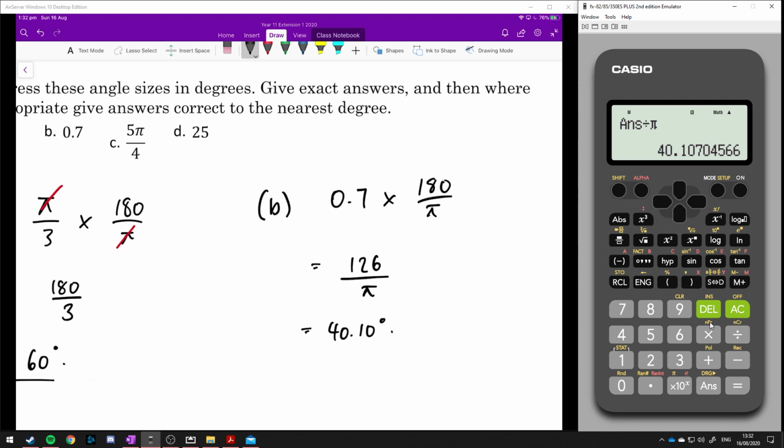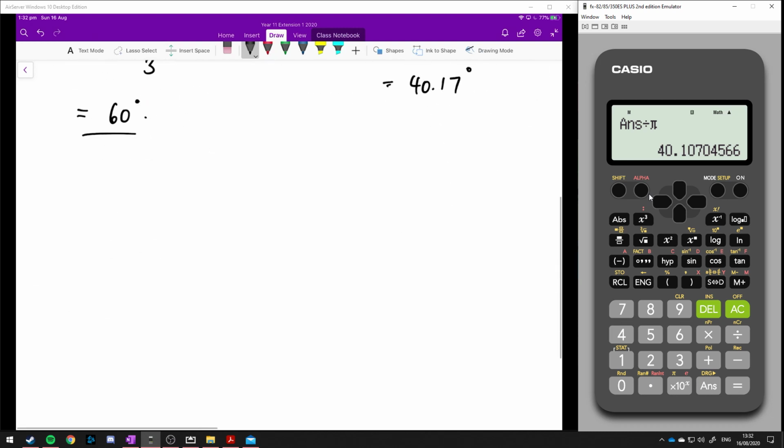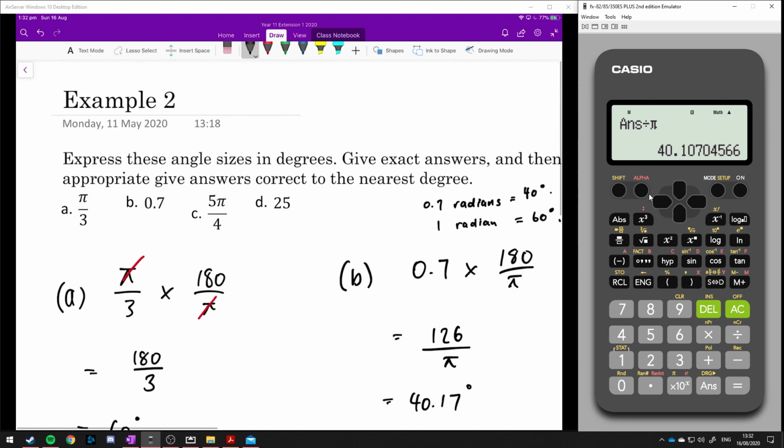Okay, and we know that this is the case. Well, it's going to be approximately equal to that because 0.7 radians is close to 1 radian, okay, but not quite. And we know that 1 radian is equal to 60 degrees, so for that to be equal to 40 degrees, it sounds about right. So we know we're probably right in that regard.